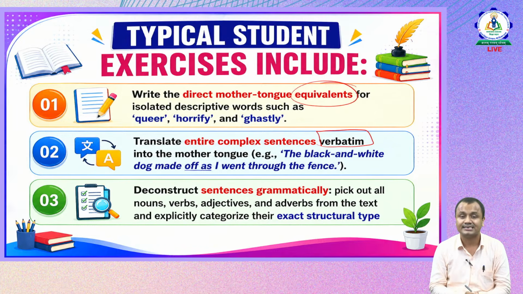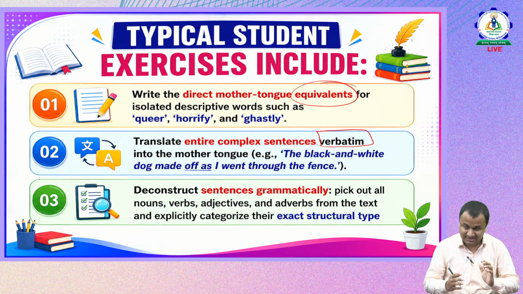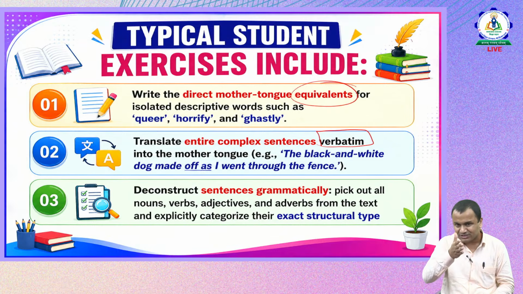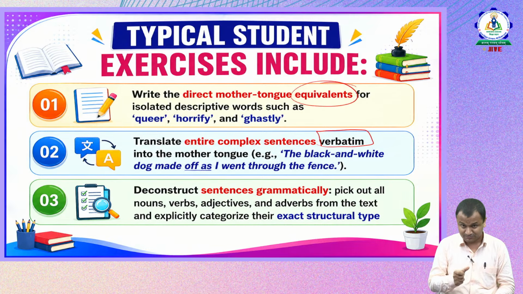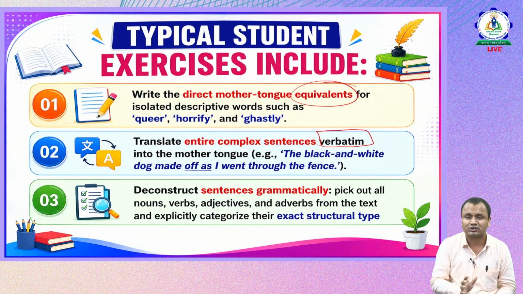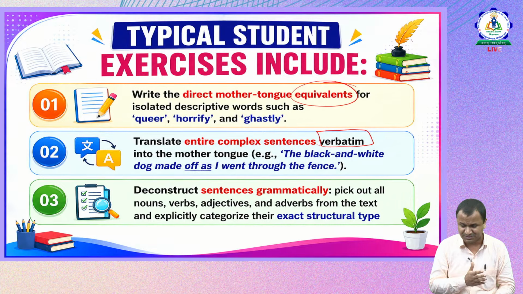And third thing is deconstruction of sentences grammatically. When we teach grammar through GTM, we segregate the elements of grammar, we separate each and every element of the chapters of grammar. Parts of speech, noun, tense, voice, whatever the chapters are, whatever the elements of grammar are, we will teach through diversification.